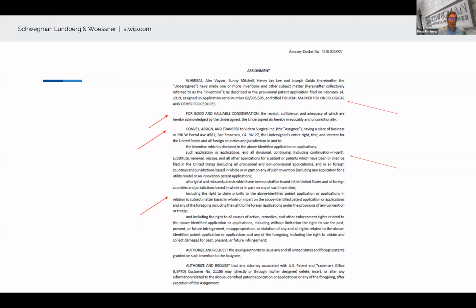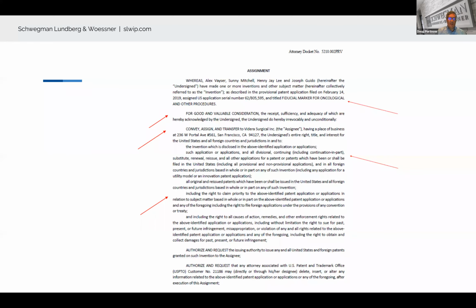In other words, the assignor, the person who's giving the property away or selling it or transferring it, does transfer it in the present time, not in the future. Because if you say, I will transfer it, that could be any time in the future. So that's not really going to help you. You want the transfer to be in the present time. So a present transfer clause is required.